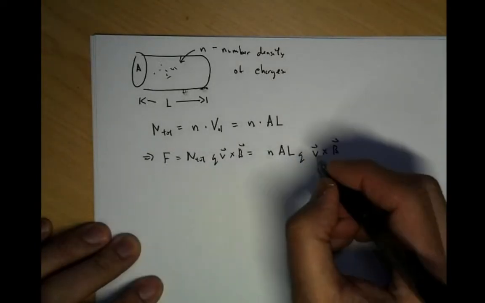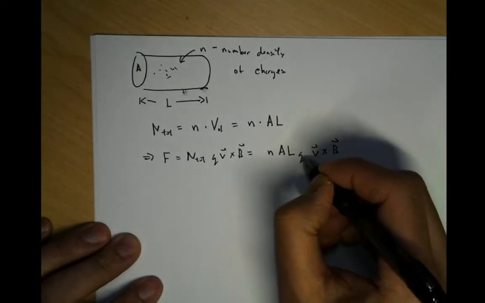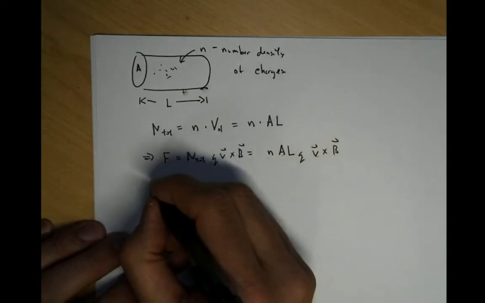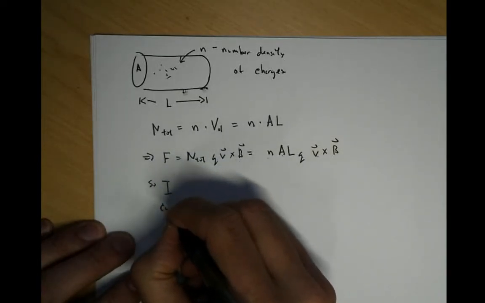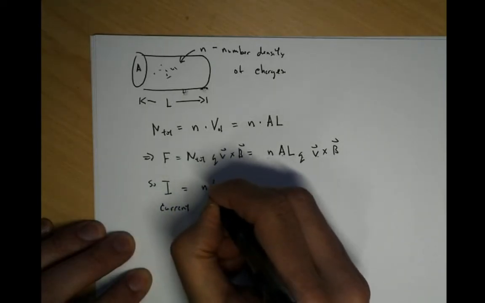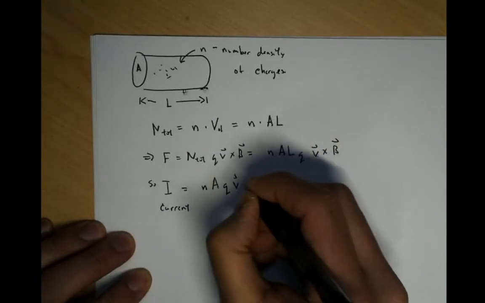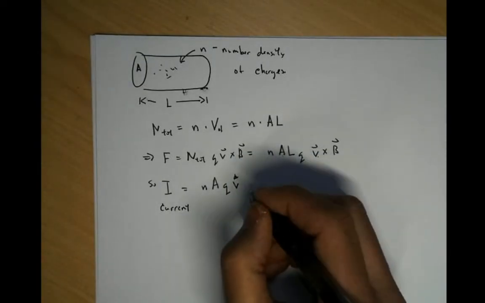Now, what we notice here is that n times A times Q times V is just the current. So I, the current, is equal to n times the cross-sectional area times the charge times the velocity. You can think of it that way. I'll write it without that velocity there.